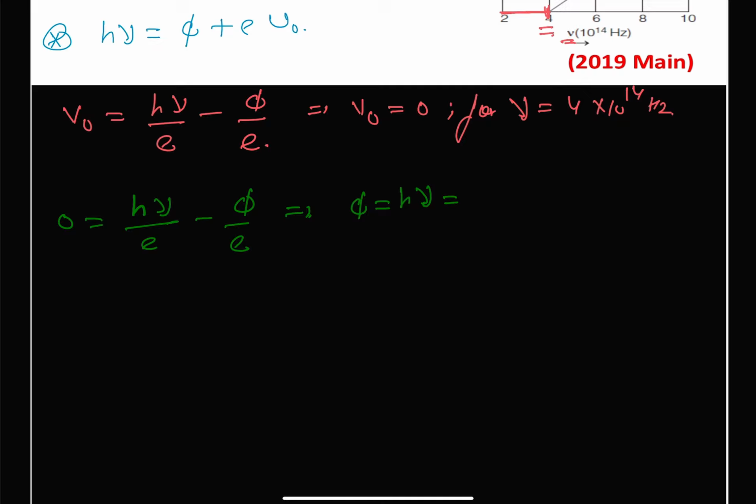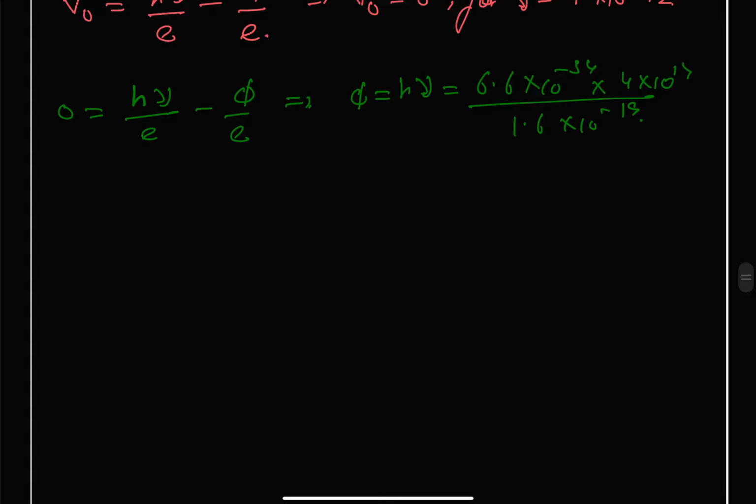So this comes as 6.6 into 10 to the power minus 34, and frequency is 4 into 10 to the power 14, divided by 1.6 into 10 to the power minus 19.